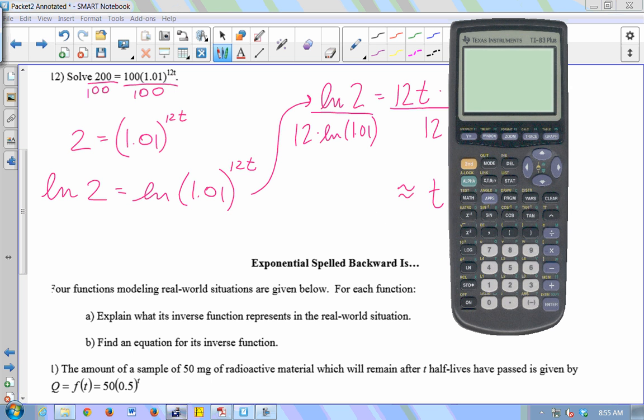I can say t is approximately equal to, well, I'll write down an exact. The exact value of t is the ln of 2 divided by 12 ln of 1.01. But I should get an approximate value.